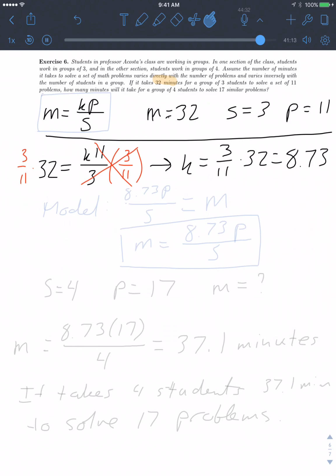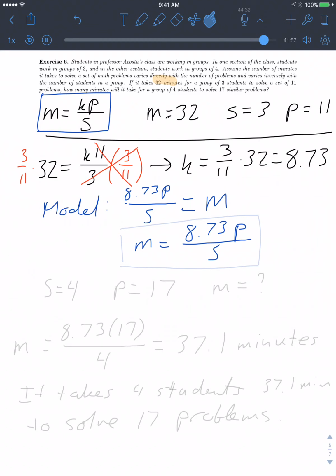Our model in this case we know has the structure m equals kp divided by s. And now we know k, 8.73, p, we do not know in general, over s will generate m. Alternately, you could say m equals 8.73 p over s.